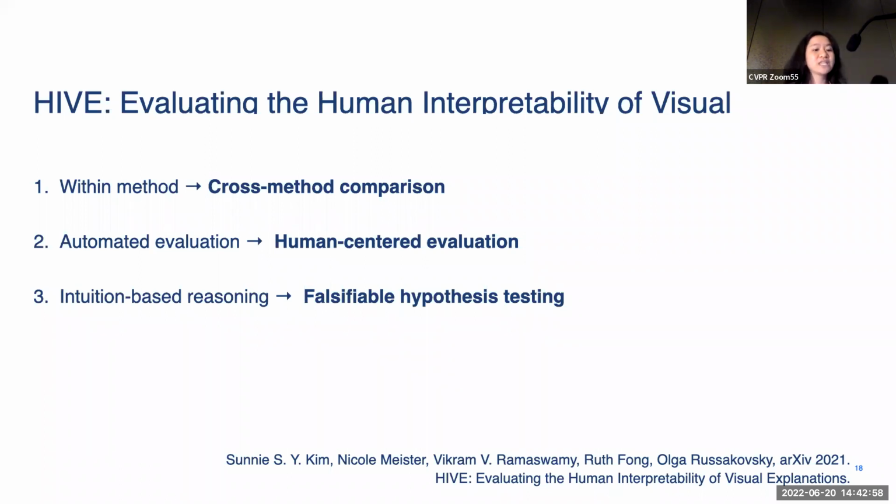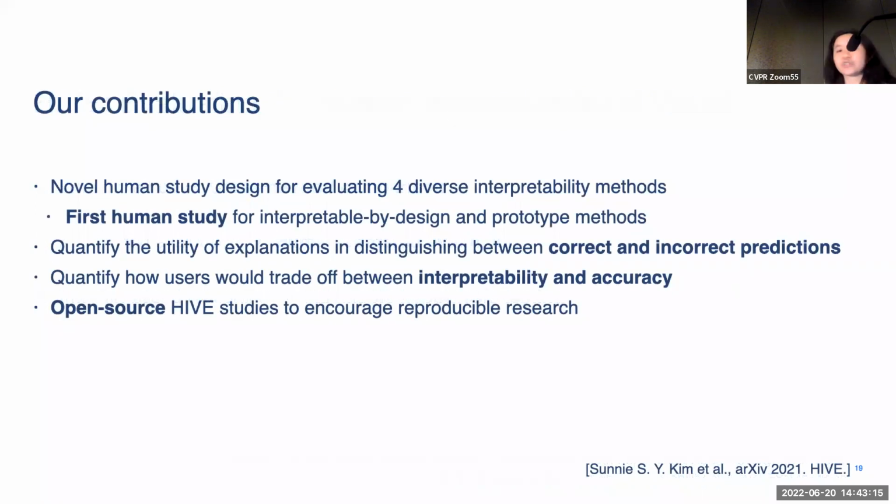And finally, we wanted to enable falsifiable hypothesis testing. This is in contrast to intuition-based reasoning that led our community astray in the first few years of heat map development work, and that was revealed as a big problem in our community by the Sanity Checks paper.